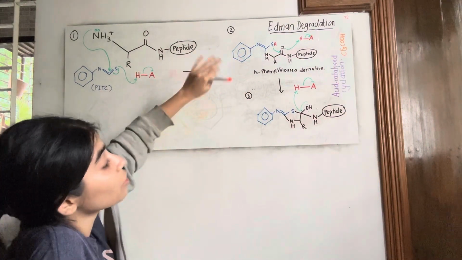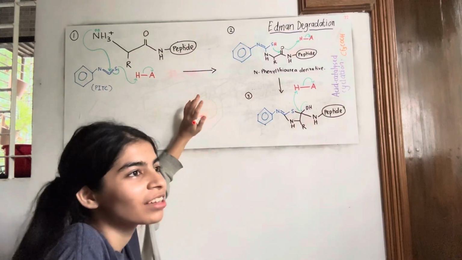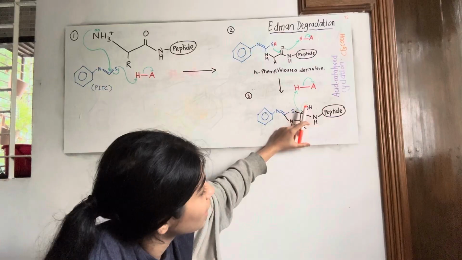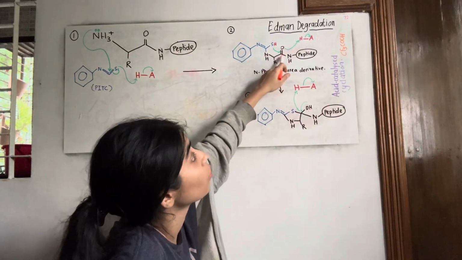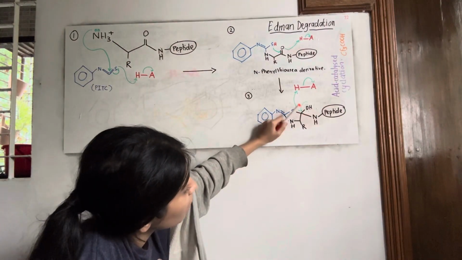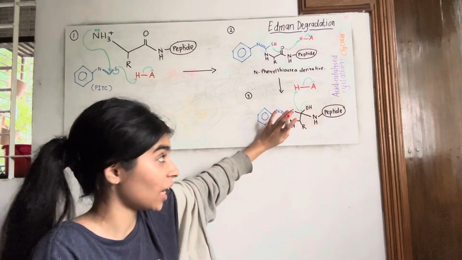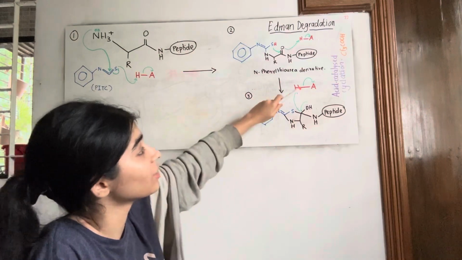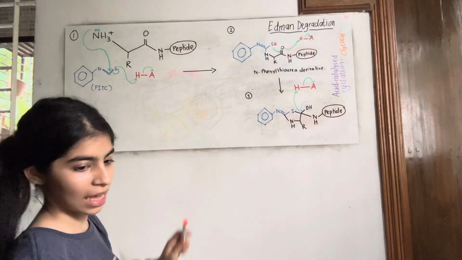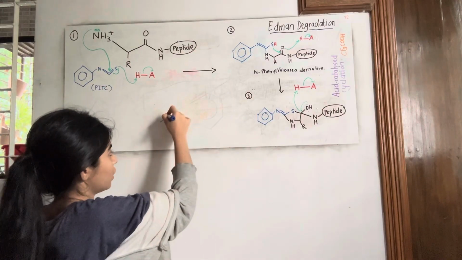Oxygen will donate its electrons to the original carbon, and the carbon in turn donates its electron to the petite hydrogen princess, which donates its electron to A. I'm going to draw it as I say it because it's easier. I feel like I should have done that for the last step, but whatever.